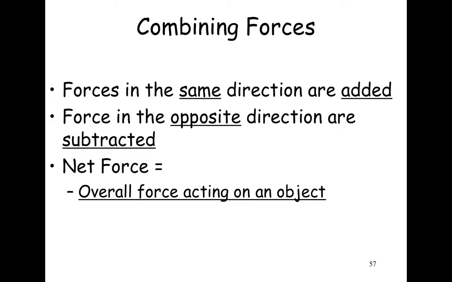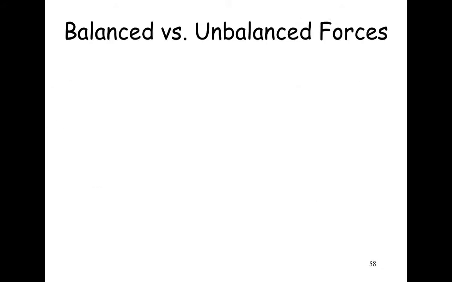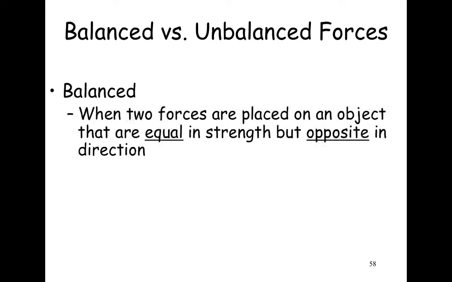So based on this, we can describe forces as being balanced or unbalanced. We're going to take a look at balanced forces first and then look at unbalanced ones. When I have a balanced force, the forces that are placed on the object are equal in strength but opposite in direction.